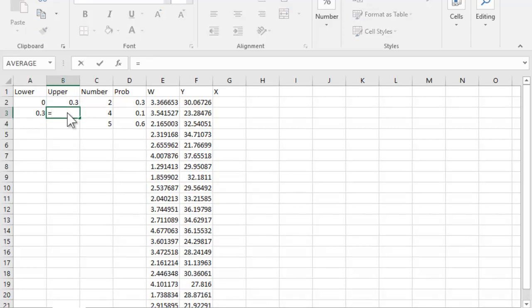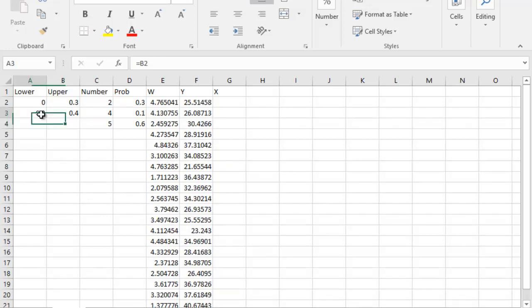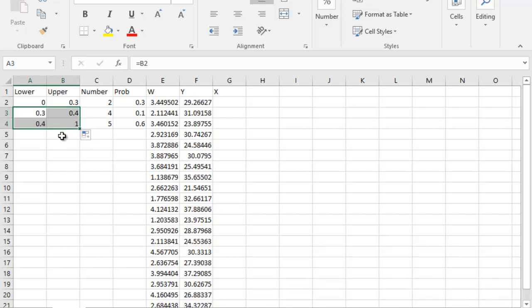And the upper boundary of the next class is its lower boundary plus the extra probability that I'm trying to get. By now the pattern is set, and I can just drag these formulas down. I should double check that my last upper boundary is 1, and then the process has worked. I've successfully cut up the interval 0 to 1.